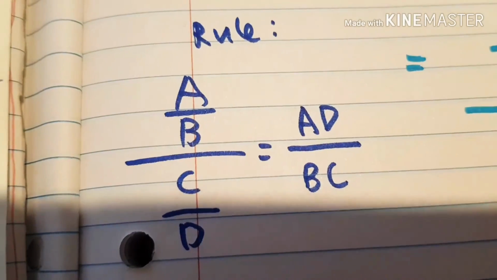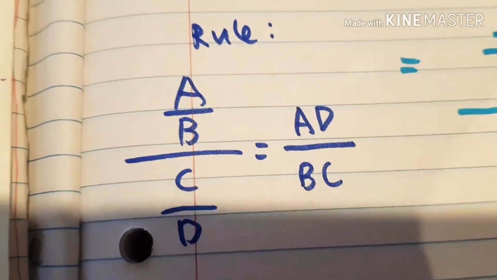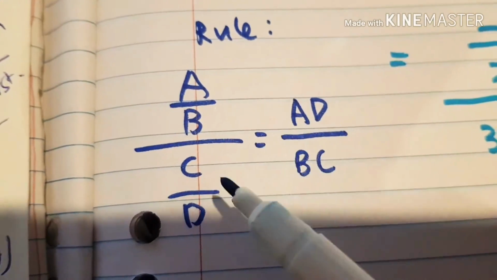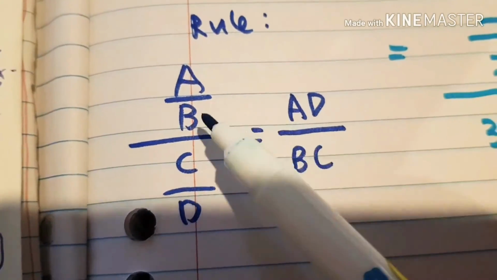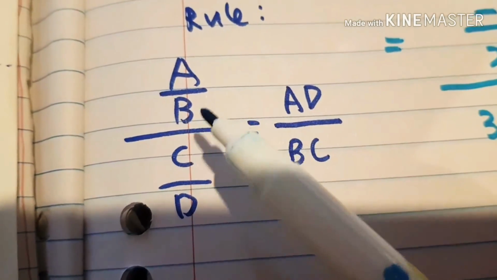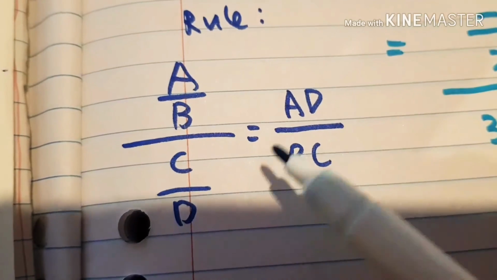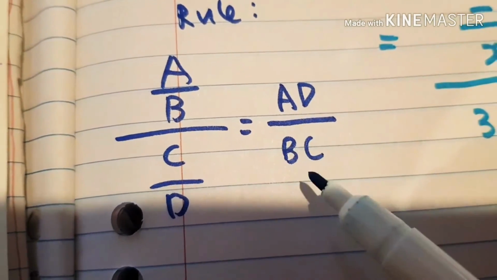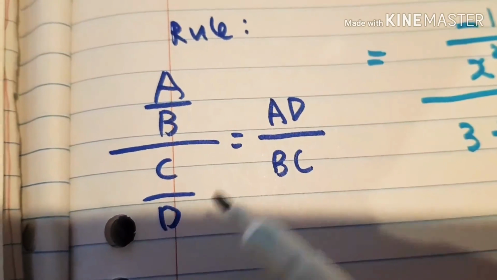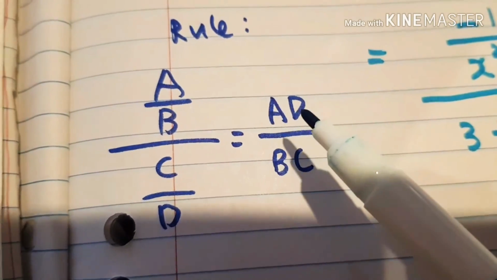What was the rule? Yep, remember the rule. A over b, big fraction, c over d. The two numbers closer to the main fraction, b and c, are multiplied and go at the bottom. And the further ones, a and d, are multiplied and go at the top.